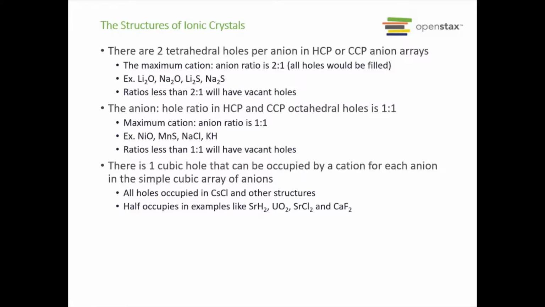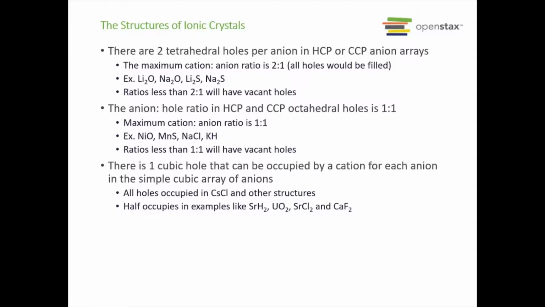So when it comes to our anion arrays, for tetrahedral holes, you have 2 tetrahedral holes per anion in the HCP and CCP anion arrays. So these still take on those HCP and CCP arrays. Because you have 2 holes per anion, that means you can have a maximum cation to anion ratio of 2 cations to 1 anion.